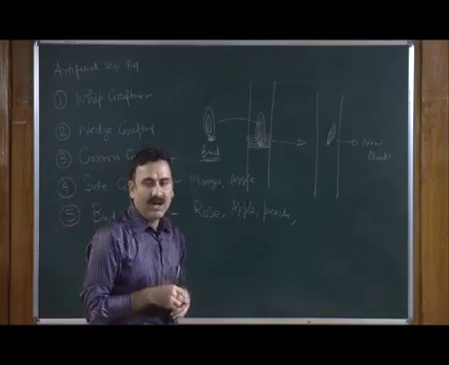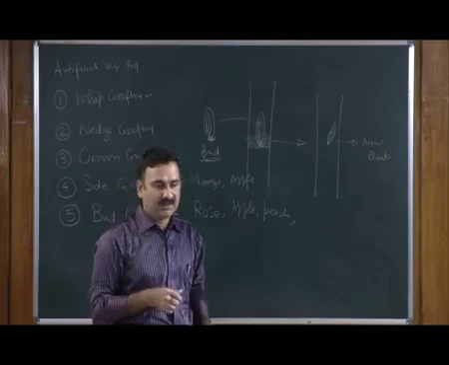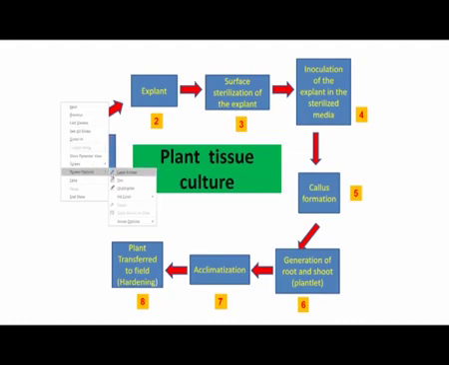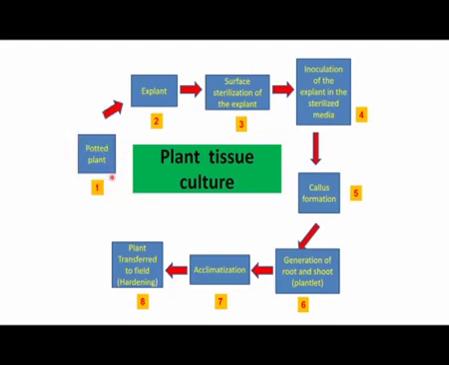So, in the case of plant tissue culture, as you can see on the given slide, it involves almost 8 different steps, and you start with a small portion of the plant, which you may be having in the pots. So, first you select the explant; the explant could be leaf, root, or stem.